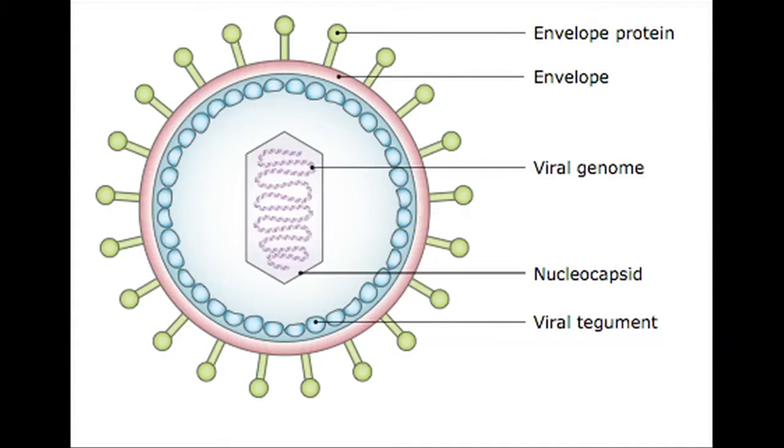They change the way they appear, so that when they are encountered by the immune system, it doesn't recognize them. It hasn't seen them before. The virus is then able to propagate and grow at a time when the immune system is just working out what the virus is.